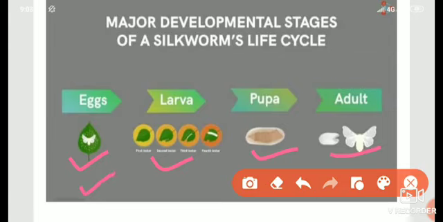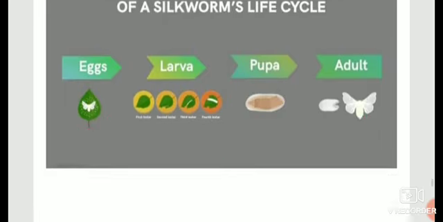First is eggs, laid on the mulberry leaves by the silkworm, then the eggs change into the larva, then the larva changes into the pupa, and after some time the pupa changes into an adult silkworm. I hope this is clear to all students.